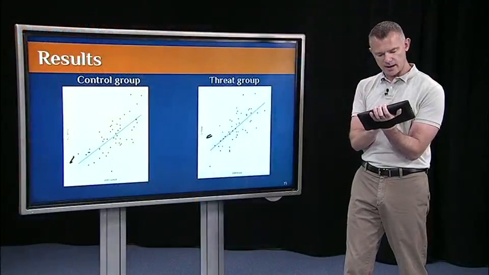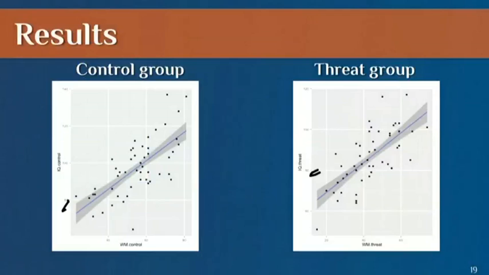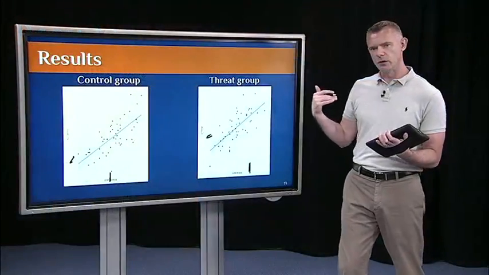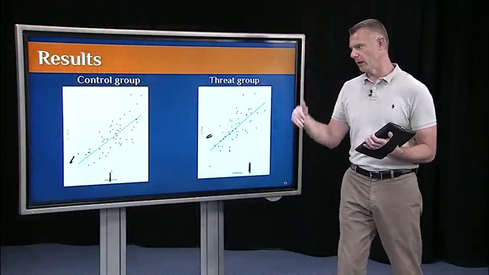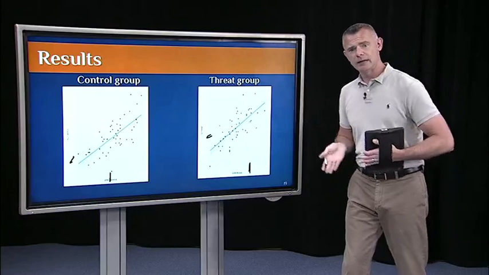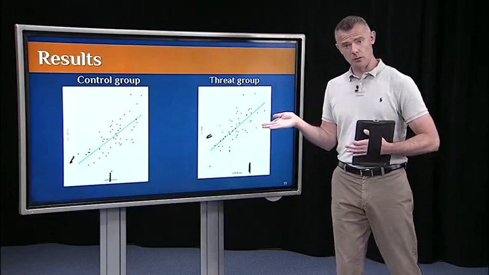Likewise, if you look at the scale of the working memory axis, the average in the control condition, remember, was about 50. I think it was 54. That's right there. Where's 54 on here? That's like up here. So the threat group is doing worse on both working memory and IQ, yet the relationship between the two of them holds.